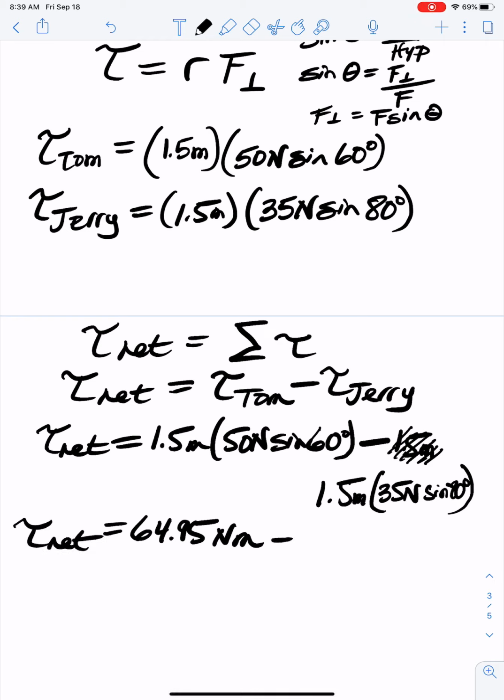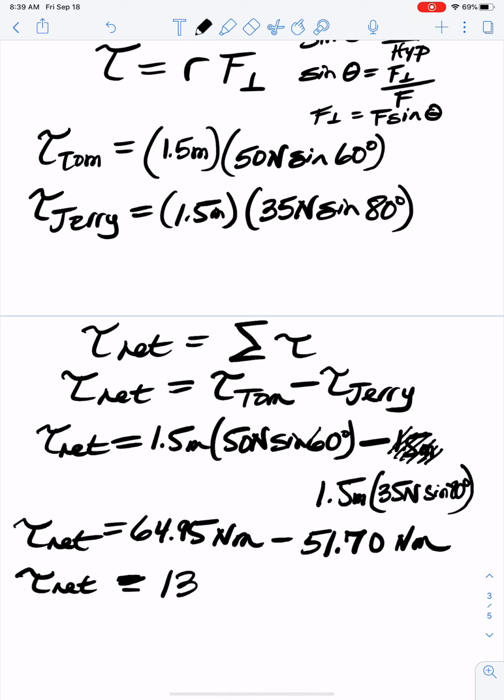And then we're going to subtract away from it the other one, which is going to equal 51.70 Newton meters. I'm just going out to 2 decimals, and that's fine. So now I subtract those two and we get 13.25 Newton meters.